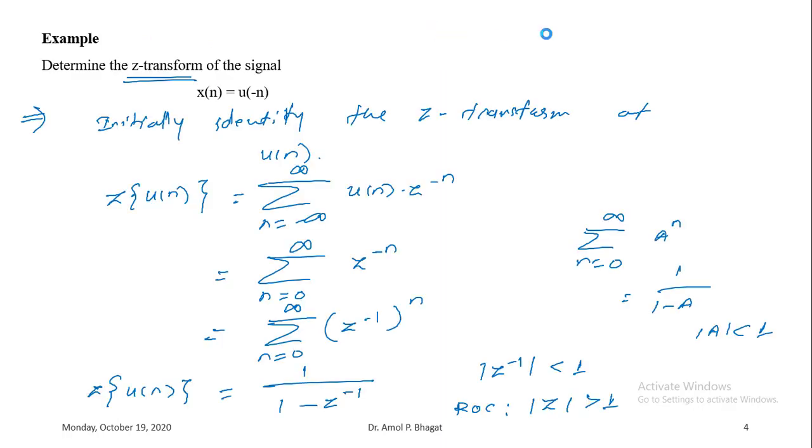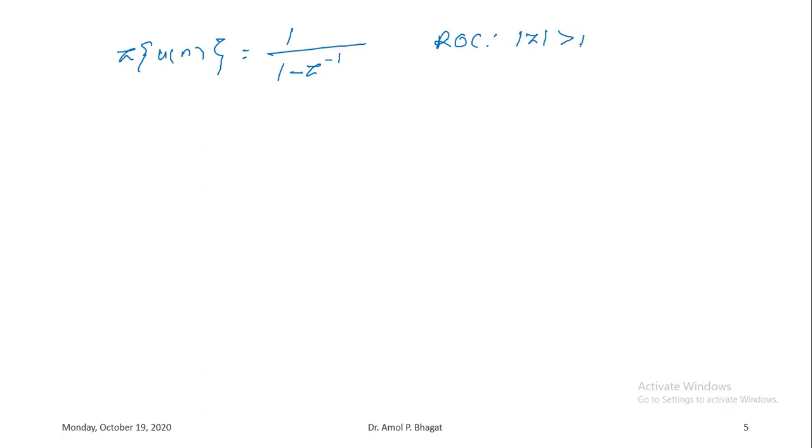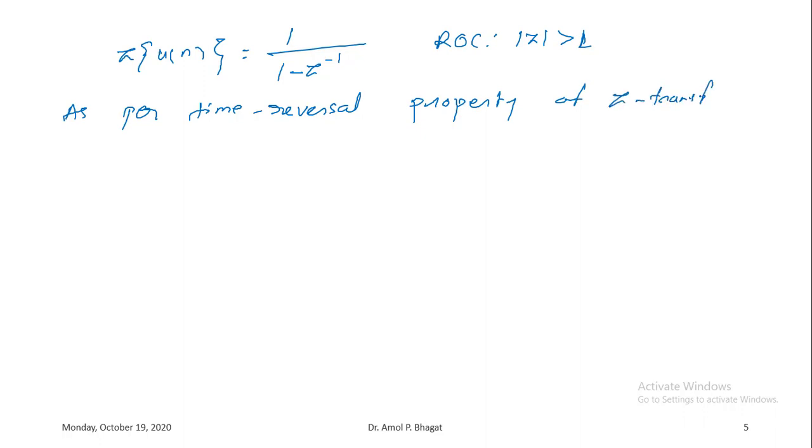Now we have determined the z transform of u of n: it is 1 upon 1 minus z inverse, with ROC mod z greater than 1. Now, as per the time reversal property of z transform, what is the time reversal property?